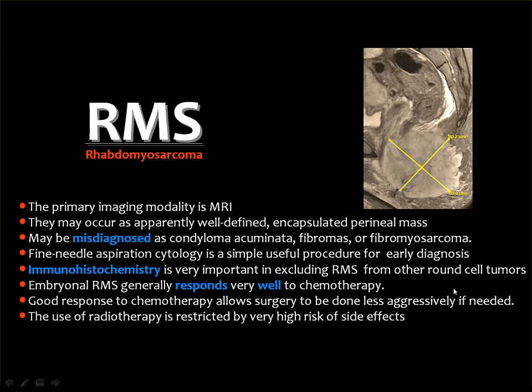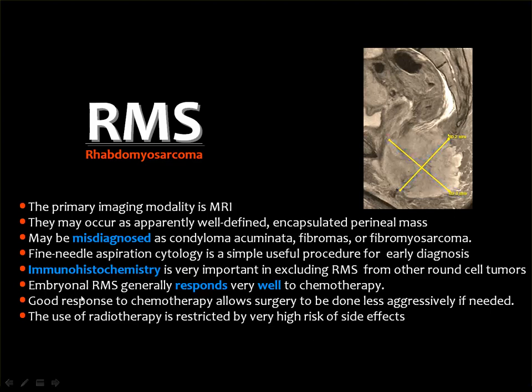Fibroma and fibrosarcoma. Fine needle aspiration is one of the policies to reach the diagnosis, and also immunohistochemistry is very important in excluding rhabdomyosarcoma from other round cell tumors.